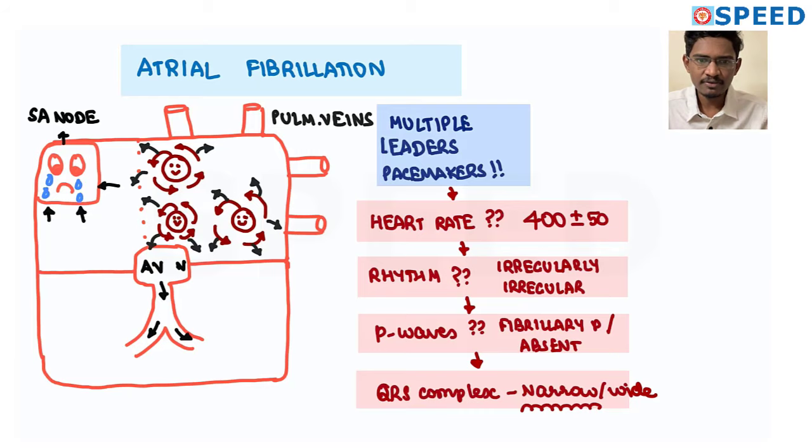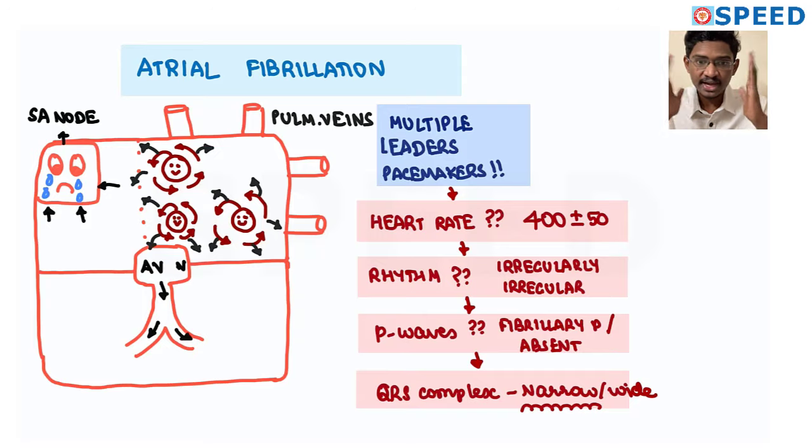So QRS will be narrow in these conditions. How will the P wave be? A proper P wave is formed by the depolarization of the right atrium followed by the left atrium, giving effective atrial contraction. But here multiple pacemakers originate and multiple small depolarizations happen, forming fibrillary P waves, or in many cases absent P waves.